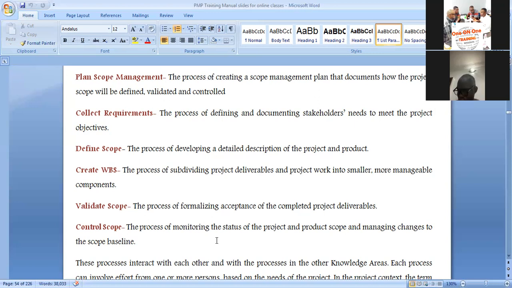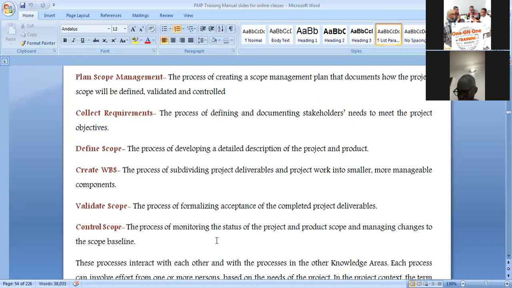So one leading aspect of the project scope is the schedule. We'll talk about the schedule. And how do we get the schedule? That brings us to the next item, which is to create work breakdown structure. What is the meaning of creating work breakdown structure?